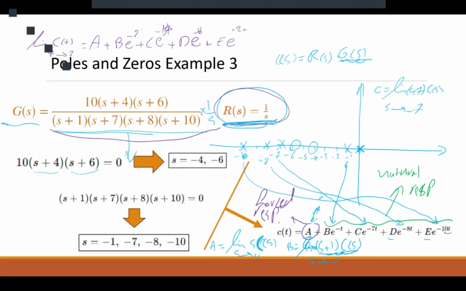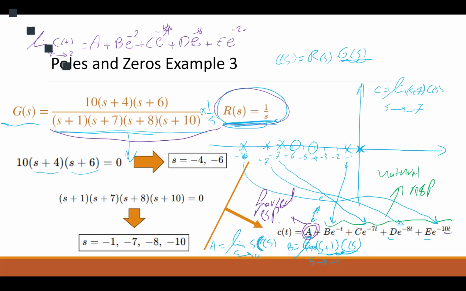In the transient, this forced response is not eliminated. The transient is just all of them. A steady state is the one where all the exponentials have already become 0 at infinity. Make sense? Is that clear? So do not make the mistake of eliminating the forced response from the transient.